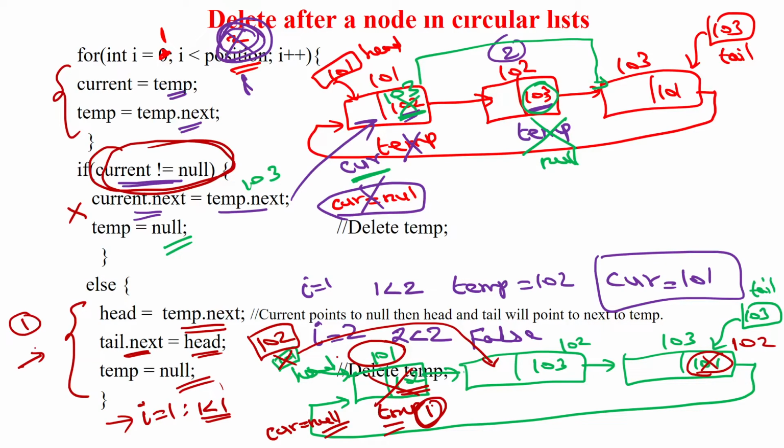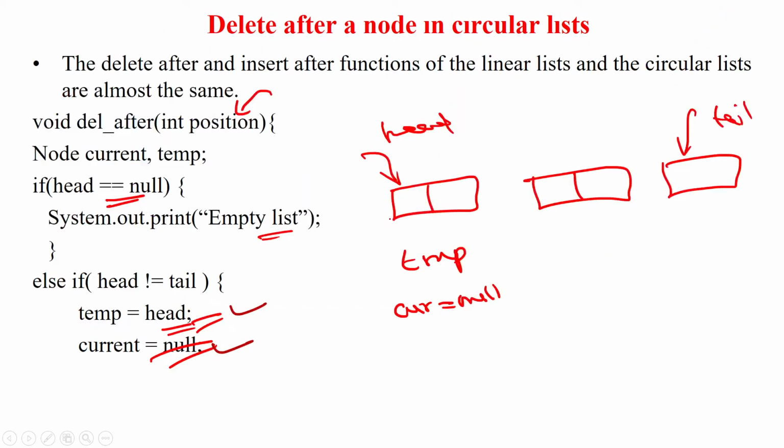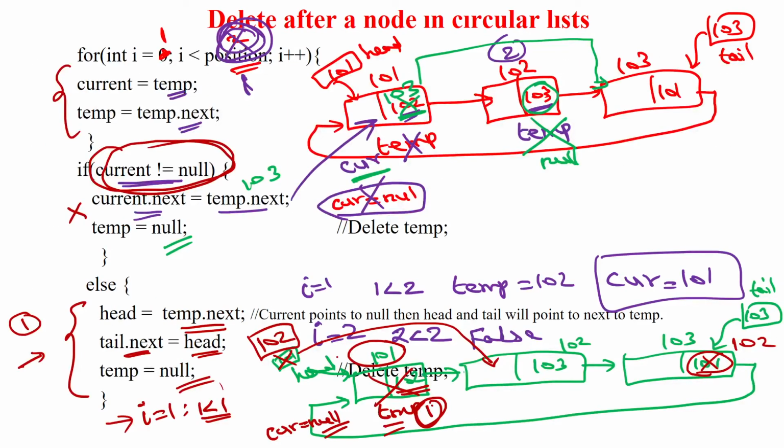Now suppose we have only one element in the circular linked list. That else block belongs to head not equal to tail; if that is true, the code above executes.